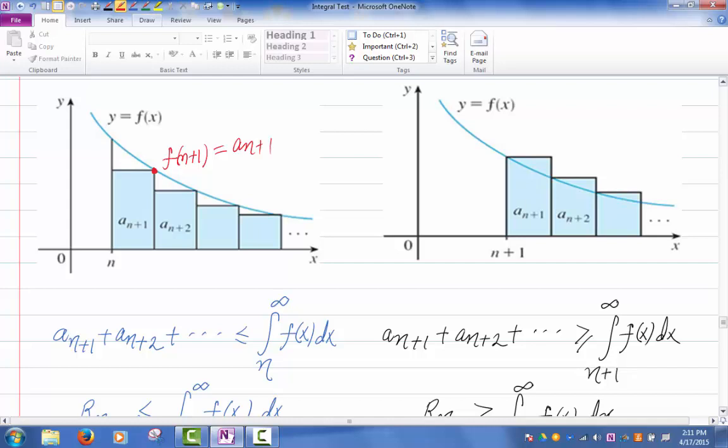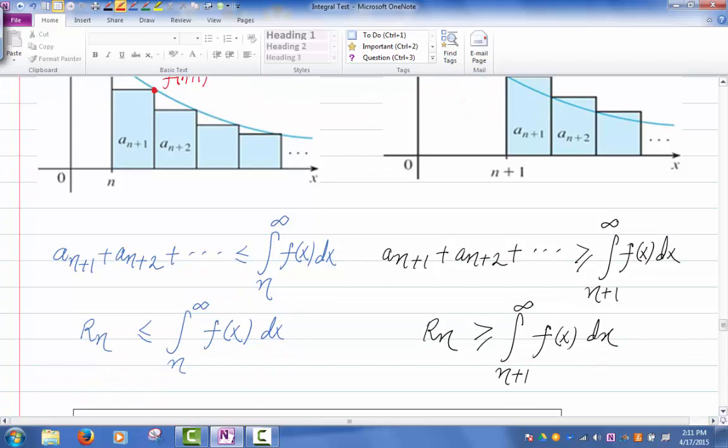But I know that that integral is finite, because the integral from 1 to infinity of f is assumed finite. Well, if that's the case, then what can I say about the remainder term? Well, this is exactly the remainder term, Rn. So Rn is then less than the integral from n to infinity of f dx. Okay, so I obtained an upper bound for Rn.